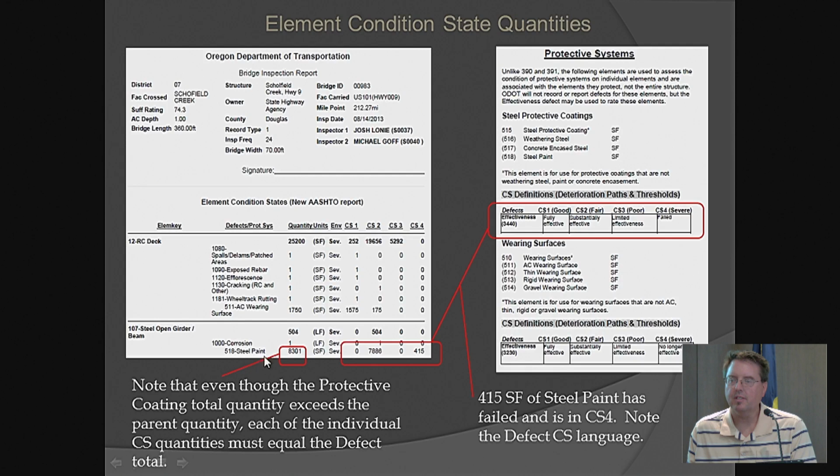This one is really kind of talking again about how we look at the coding systems. I mentioned before, each of the defects has specific language to identify, but the protective coating systems, we go on an effectiveness, and condition state 1 is fully effective, and then substantially effective, and then pretty much non-effective, and then it's either missing or failed.